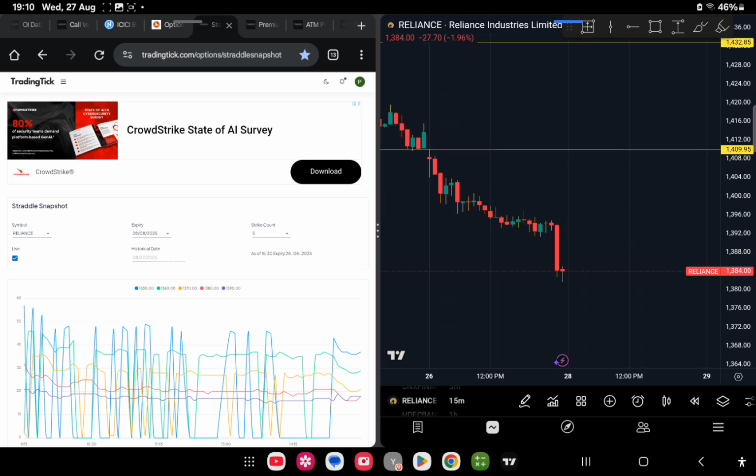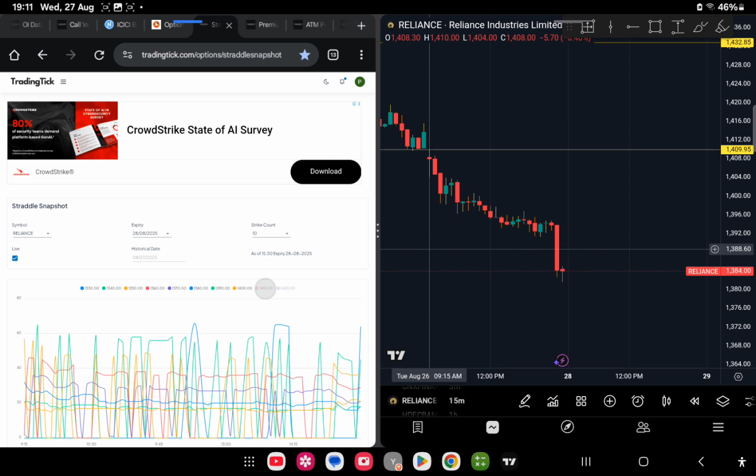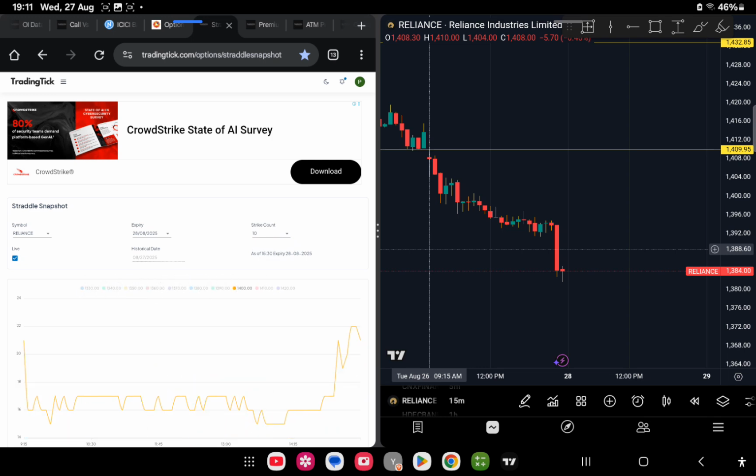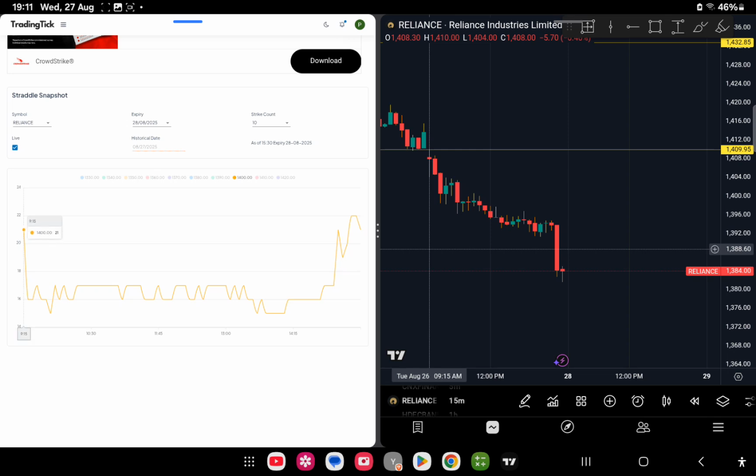So you could see it was a steady fall. When you check for open is 1400. Have to improve the count. Okay, the yellow line. Okay, so you could see it started with 22, 21 and then ended with 21. So it was clearly a U-shaped recovery.